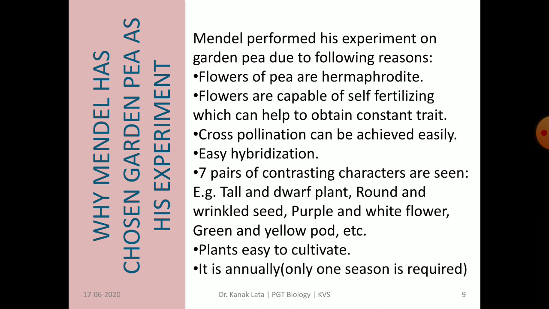For example, tall and dwarf plant, round and wrinkled seeds, purple or violet and white flower, green and yellow pods, etc. Pea plants are easy to cultivate and also it is annual. Annual means it requires only one season for completing its life cycle.